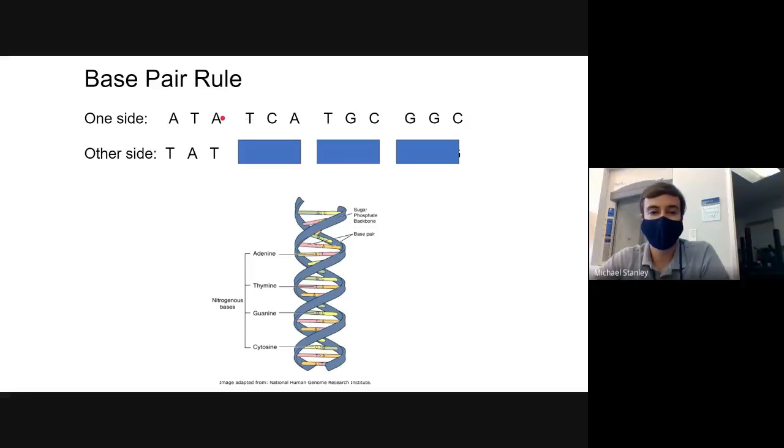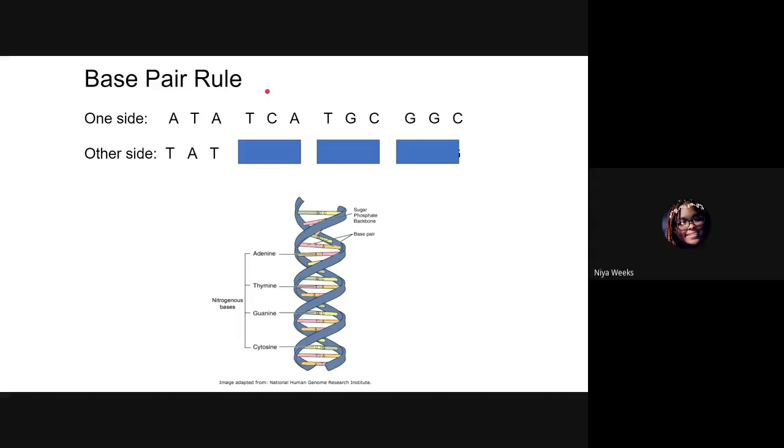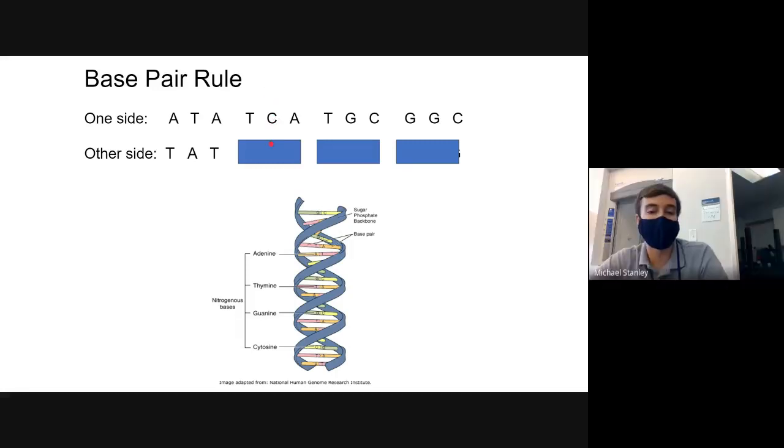To G. So remember, A and T always go together, and so the other two that are left over are C and G. So a C will always pair up with a G. So for our second set of three, if we have TCA, that means on the other side we have to have AGT.